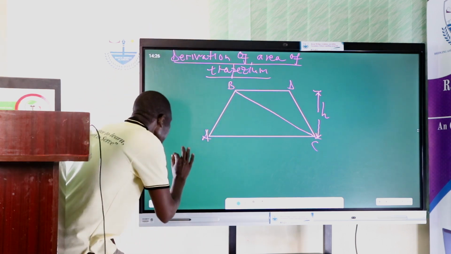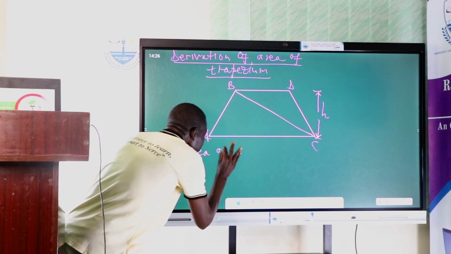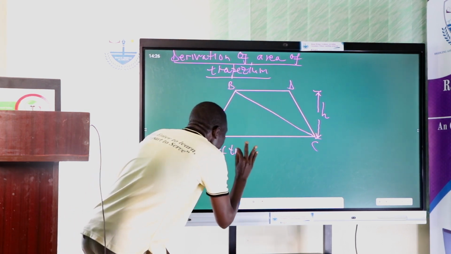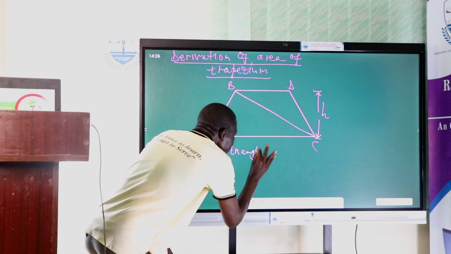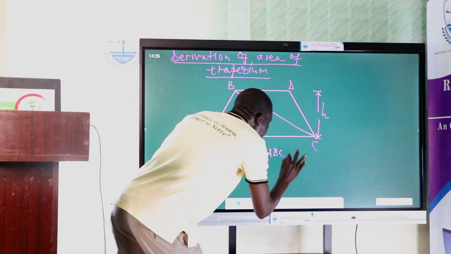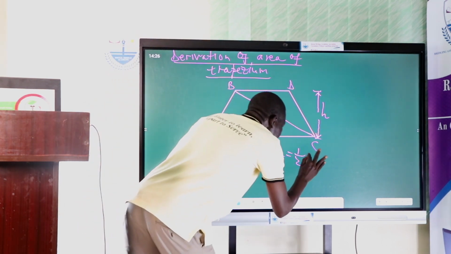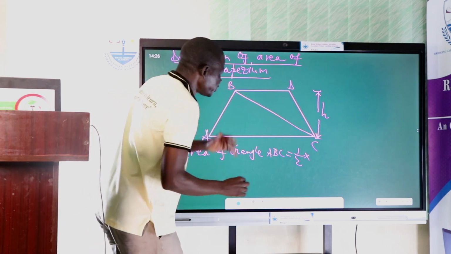So here we can start. Area of triangle A, B, C is equal to half times the base.